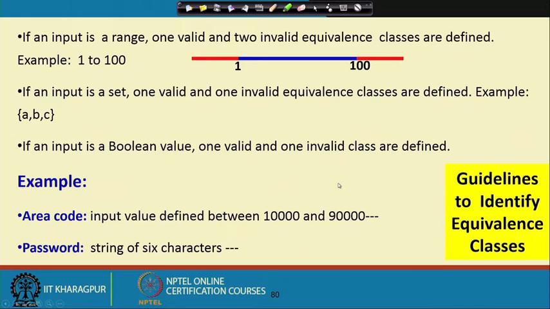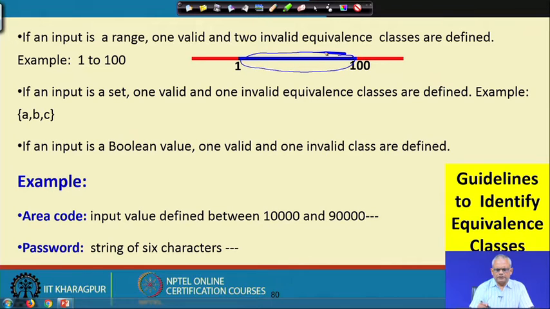The other guidelines are that we look at the input values. If the input is a range of values, as we find in the description of the functional requirements or the use case, let us say 1 to 100, and these are the set of valid values, then we have 3 equivalence classes.